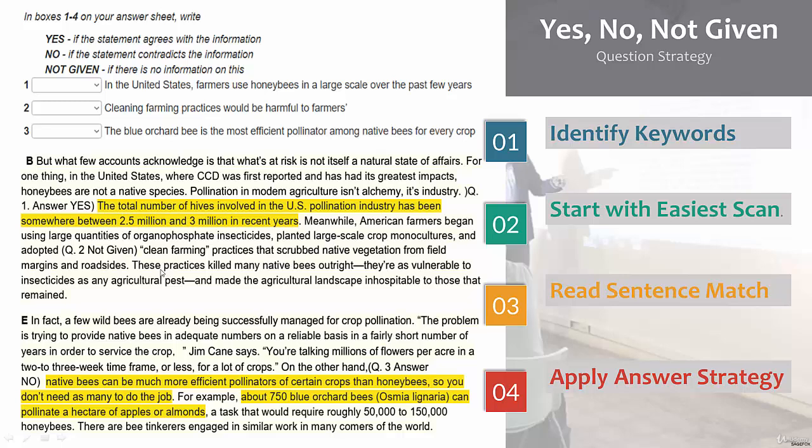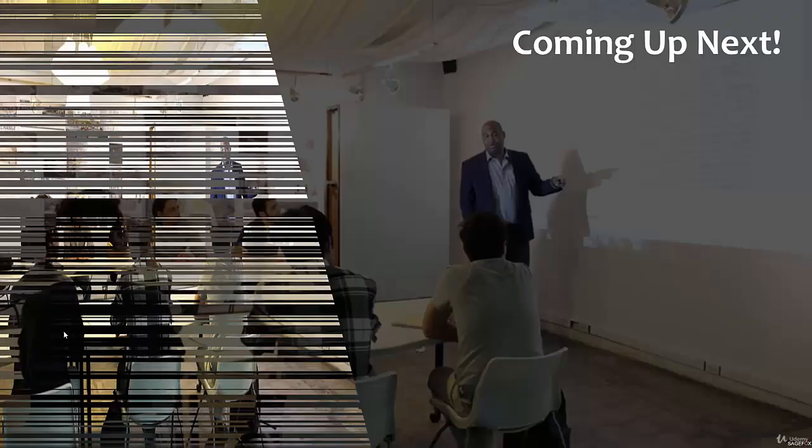So this is clearly an answer that is going to be no, because in the question, it says they're the most efficient for every crop. In the passage, it says they're more efficient for apples or orchard crops, right? This is different. In the question, they said every crop. In the passage, it said apples and almonds. That means it's limited to two.